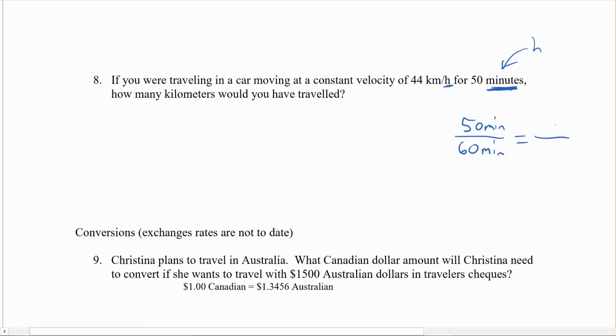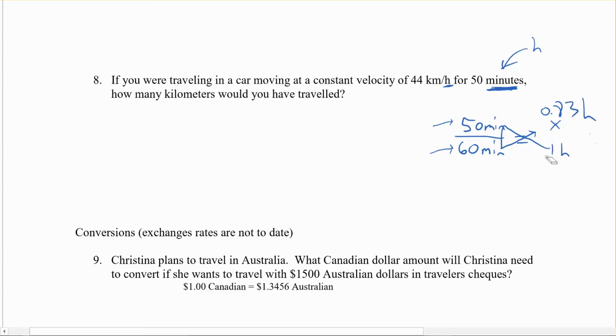It's going to be the same as something over 1 hour. So the ratio of the smaller over the total is going to be the same as this one. So all I got to do here now is just cross multiply. So 1 times 50 divided by 60 is the same thing as just 50 divided by 60. If you do that, you end up with 0.83 hours.